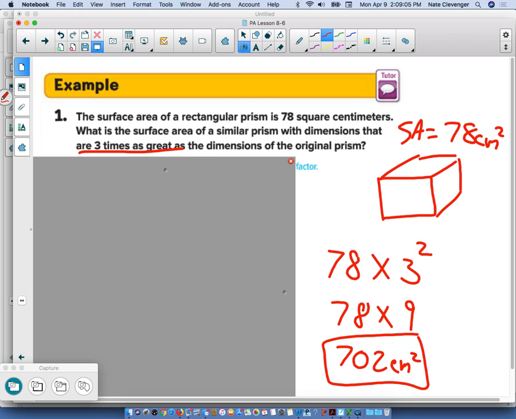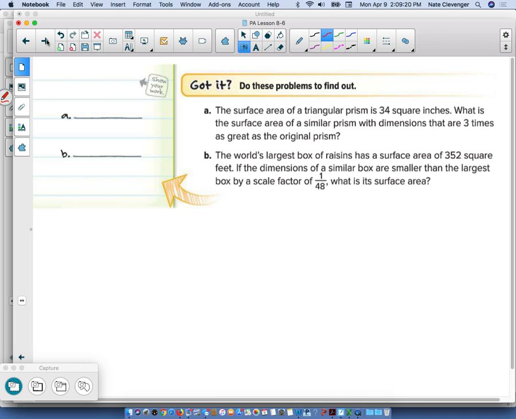Fourth hour today, I didn't read the directions very closely like many of you didn't on your homework assignment. And I assumed that it was talking about volume. So I messed that one up. Okay, so if we had 34 square inches on a triangular prism for the surface area, and I wanted to find 3 times that, I'd take times 3 squared.